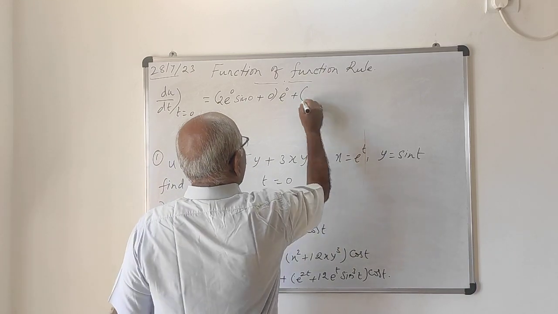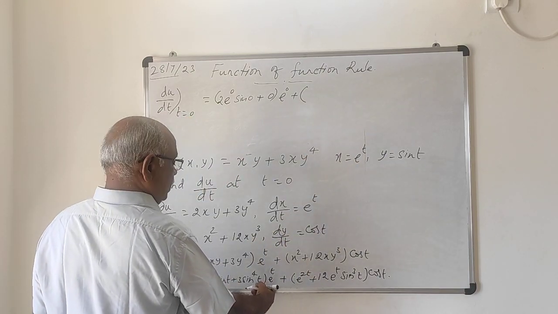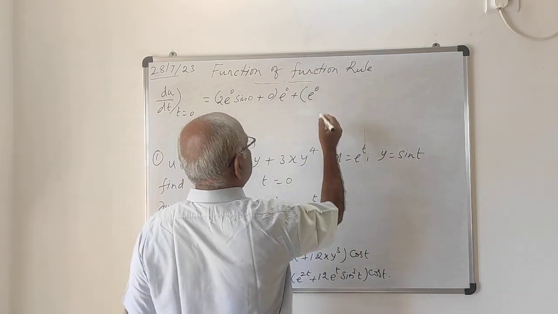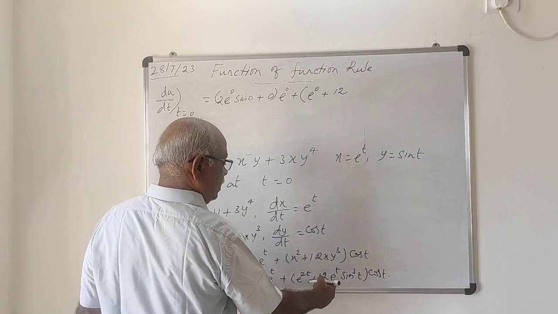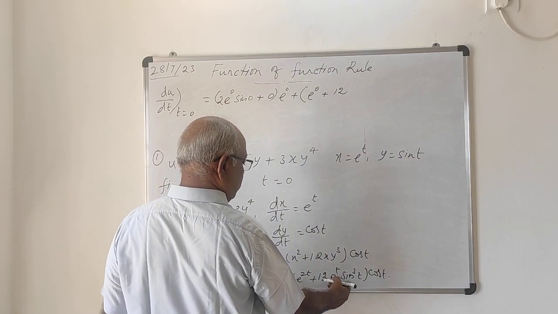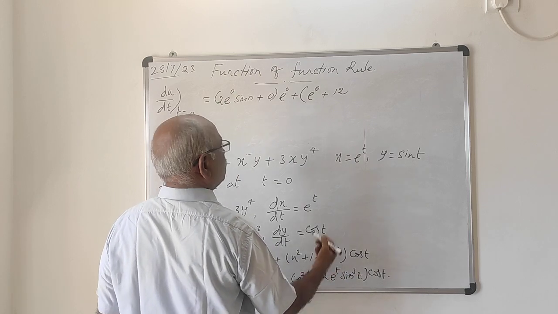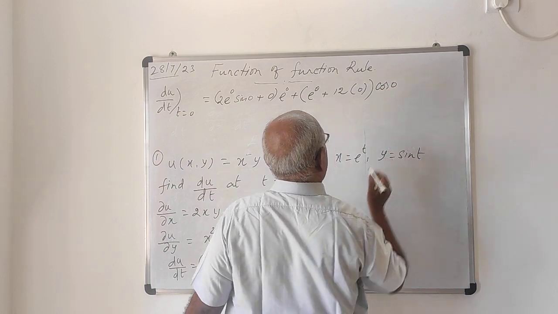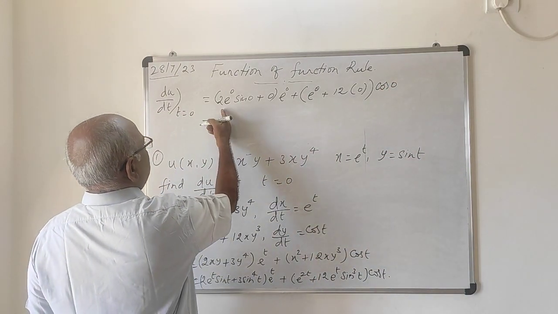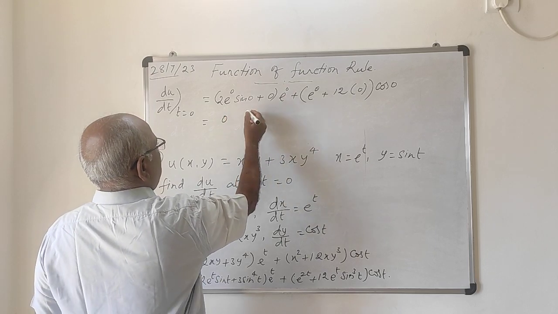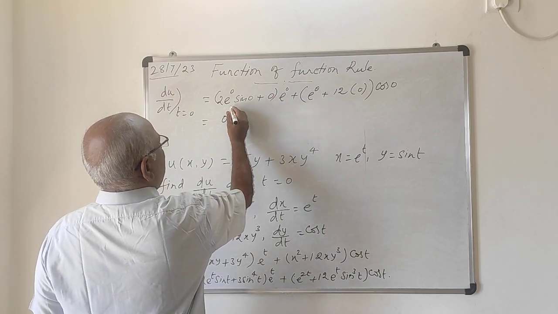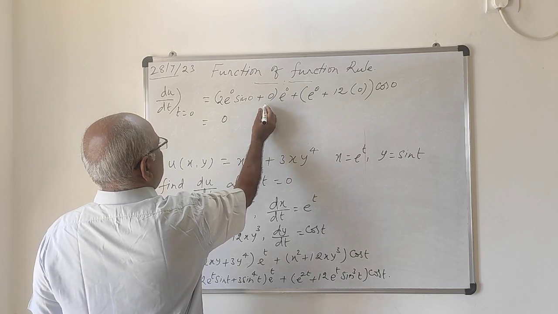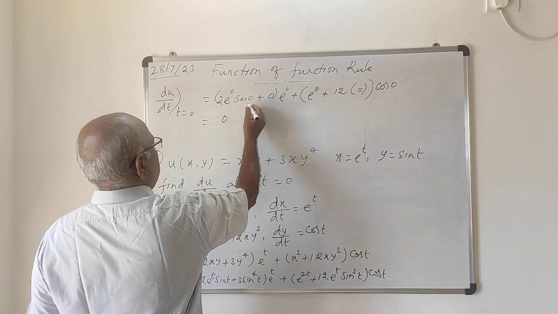Plus again e power 2t, e power 0 at t equal to 0, plus 12 into sin cube t is 0, 0 into everything is 0, into cos 0, and cos 0 is 1. Here 2 into e power 0 into everything is sin 0, which is 0, and this is 0. 0 plus 0 is 0, 0 into e power 0 is 0.